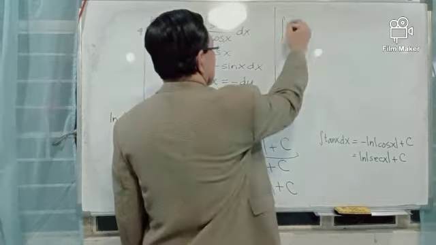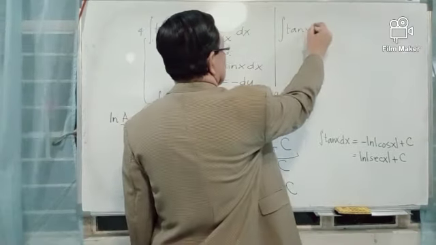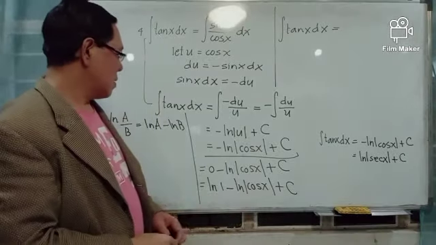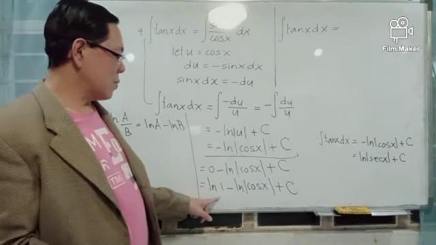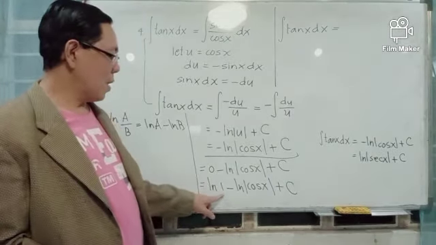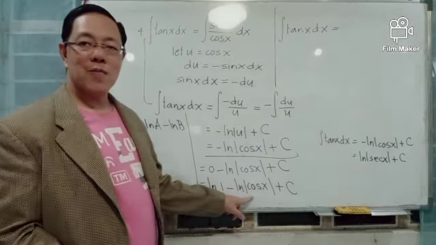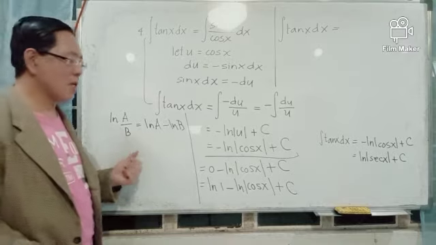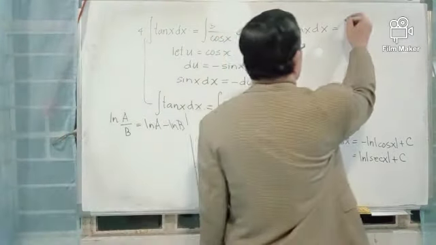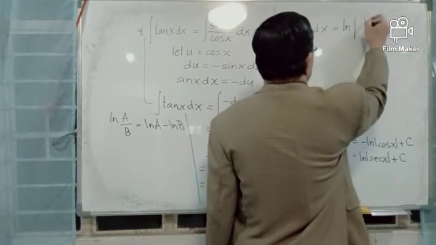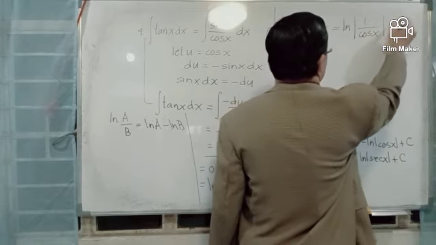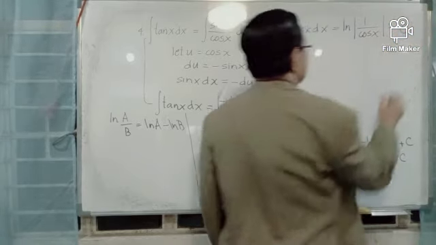Thus, the integral of tangent of x dx is equal to ln of 1 over cosine x by this property of natural logarithm. Ln of 1 over cosine x plus c.